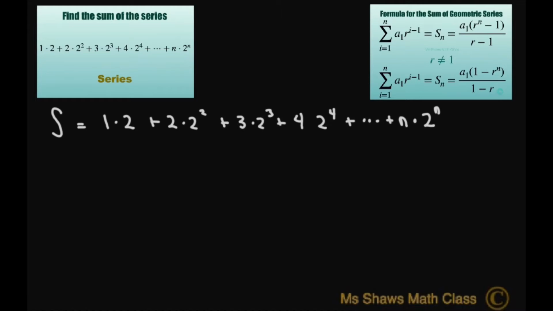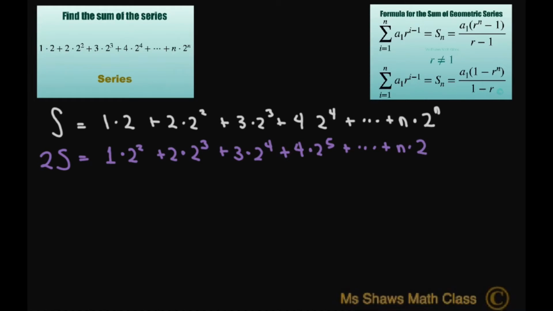All right, and then I'm going to let 2 times S, so I multiply everything through by 2, and that's just going to give me 1 times 2 squared plus 2 times 2 cubed plus 3 times 2 to the power of 4 plus 4 times 2 to the power of 5 plus ... plus n times 2 to the power of n plus 1.